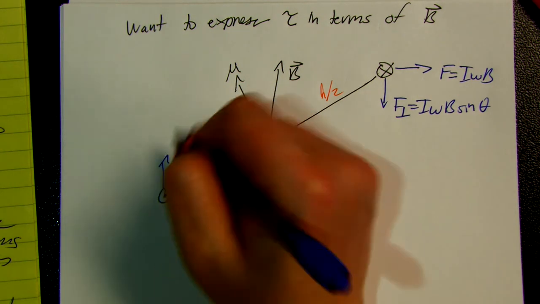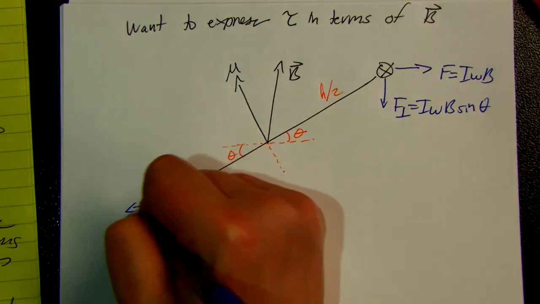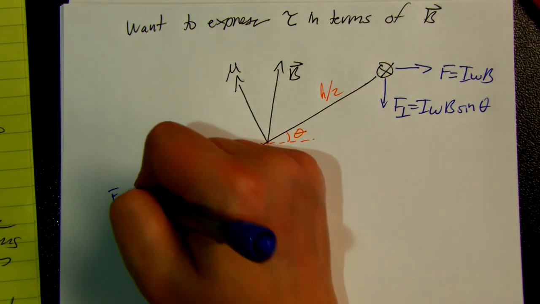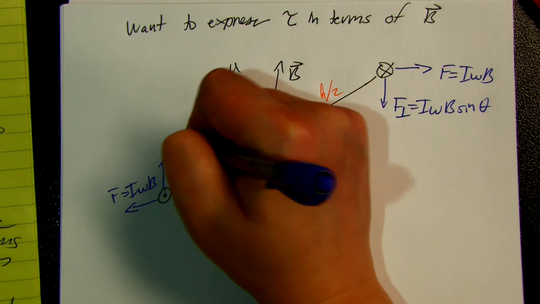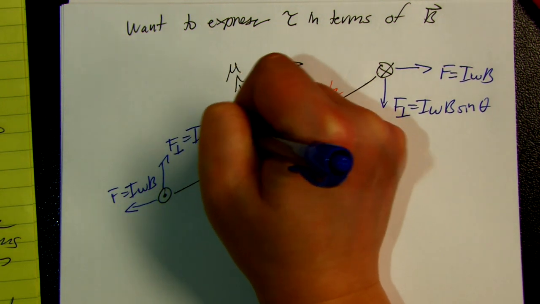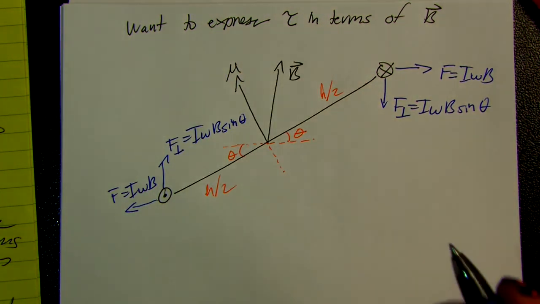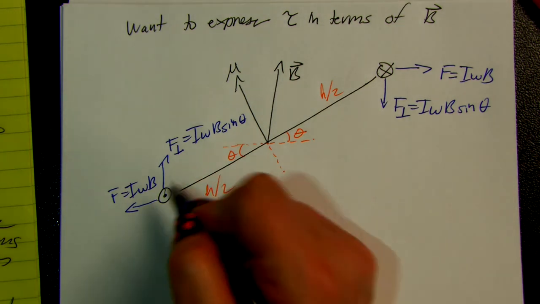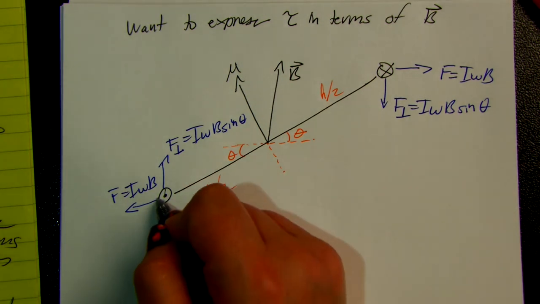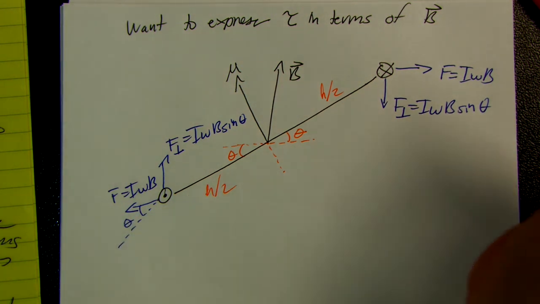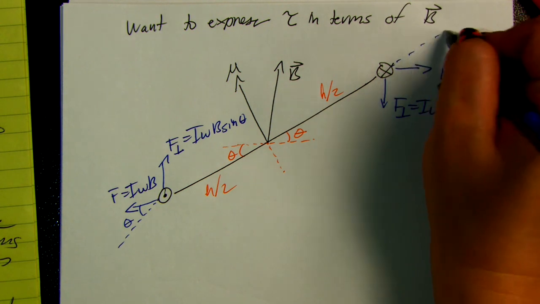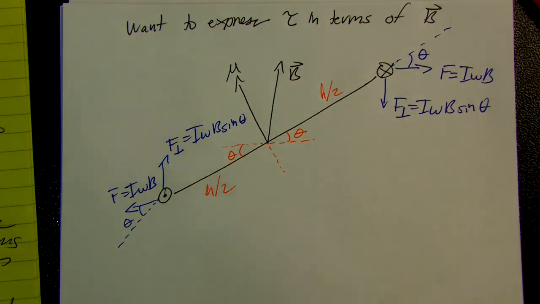And we have force in the horizontal, which is equal to I W B, and the perpendicular component, I W B sine theta. We have theta here and theta here. All right, so this is the updated picture, of course.